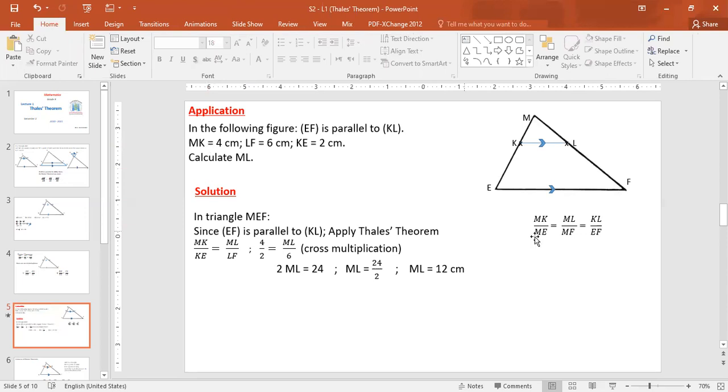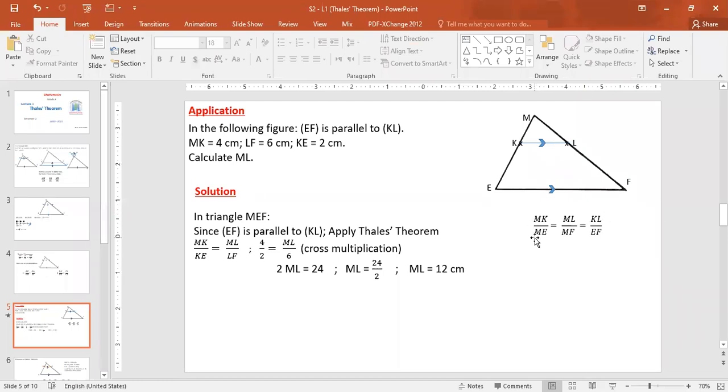Do we have the measure of ME by given? No. Do we have ML? No. Do we have MF? No. So I can't use these two ratios because there are many unknowns in it, right? Also, I can't use KL over EF because I don't have KL or EF. So I cannot calculate ML from Thales theorem.